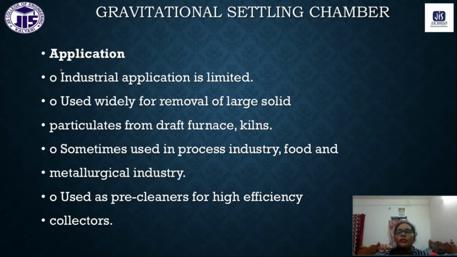Now, where can we apply this gravitational settling chamber? Its industrial application is limited; it is used widely for the removal of large solid particles from draft furnaces and kilns. Sometimes it is used in process industry, food industry, and also metallurgical industry.